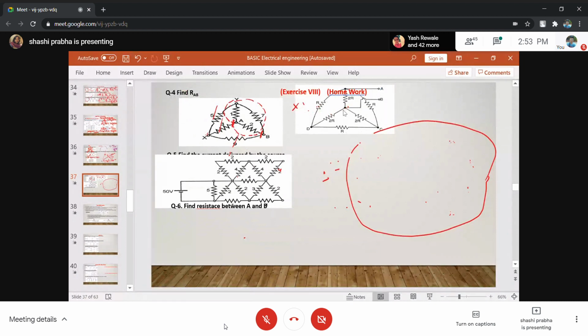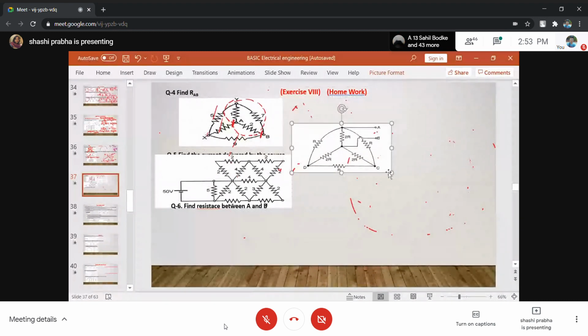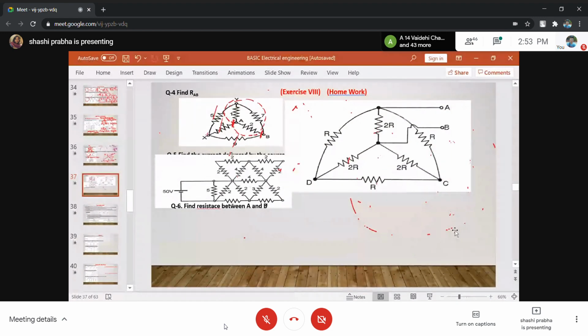जल्दी से इसमें देखो. I don't know whether this diagram is, बड़ा कर देती हूँ। हाँ, अभी देखो। Find the resistance between A and B. Here.